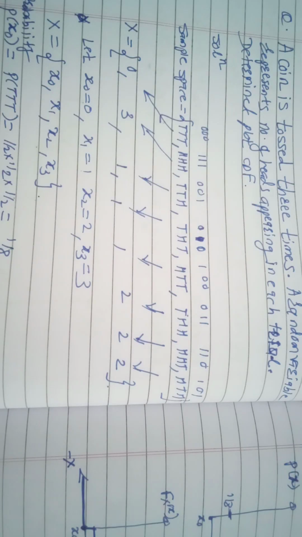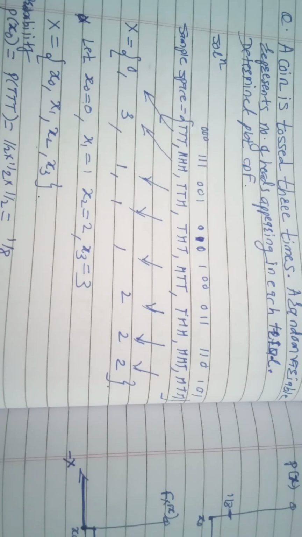So when you toss 3 coins at a time, or one coin consecutively 3 times, you have to see how many heads are appearing in that trial. That is the random variable.